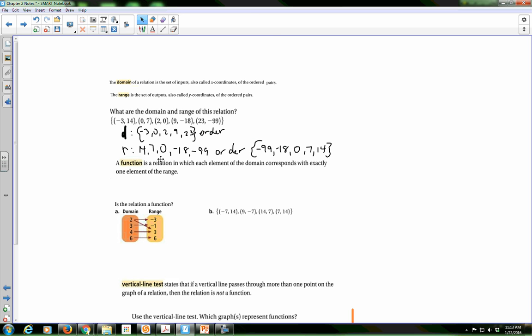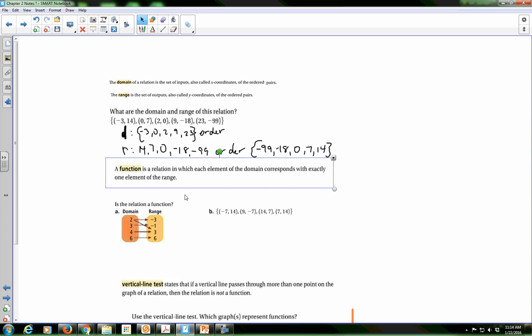Okay, so please write this definition of a function down. A function is a relation in which each element of the domain corresponds with exactly one element of the range.